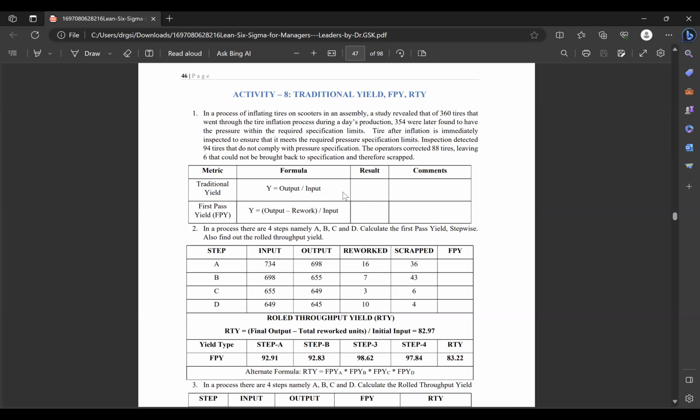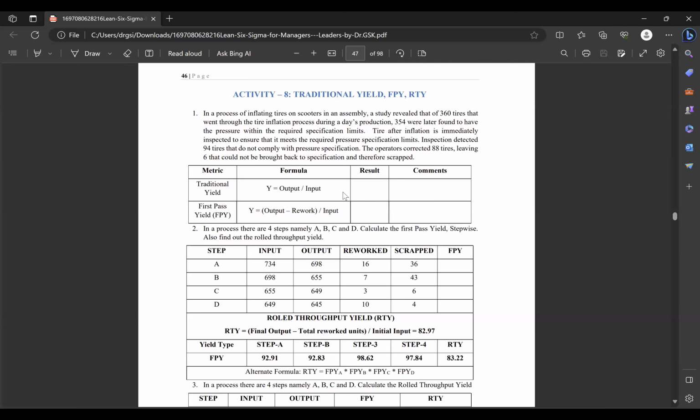73.8. See here, for the same scenario, the traditional yield is 98%, but first pass yield is how much? 73.8. So which is letting you understand the improvement opportunity? The first pass yield. If you have the habit of calculating only traditional yield and then taking decisions, you will not be able to understand the improvement opportunity.